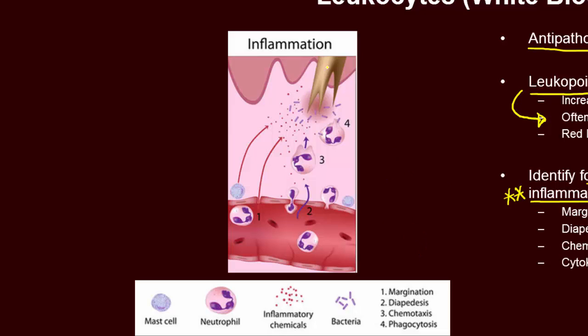Okay, so the first thing is we break the external barrier, which is our skin. And when we do this, in some way, we introduce pathogen to the tissue. Okay, so we can see the pathogens here, these little blue bar shaped structures.